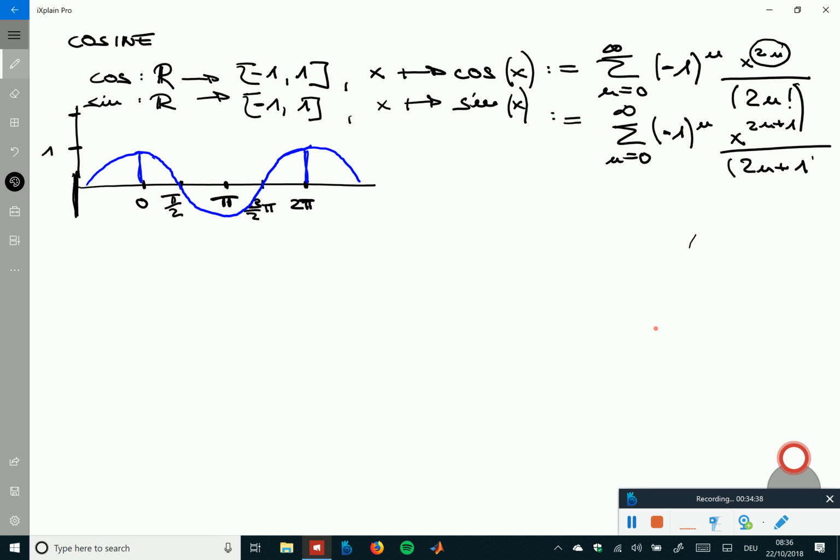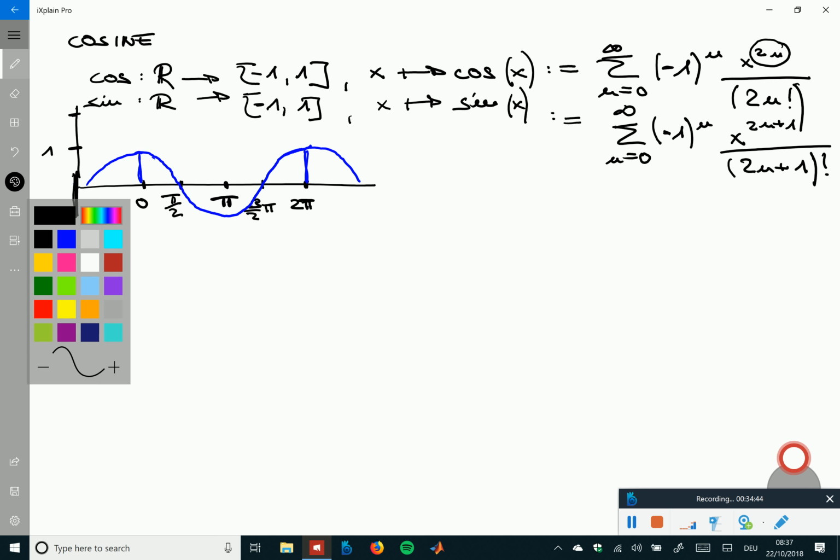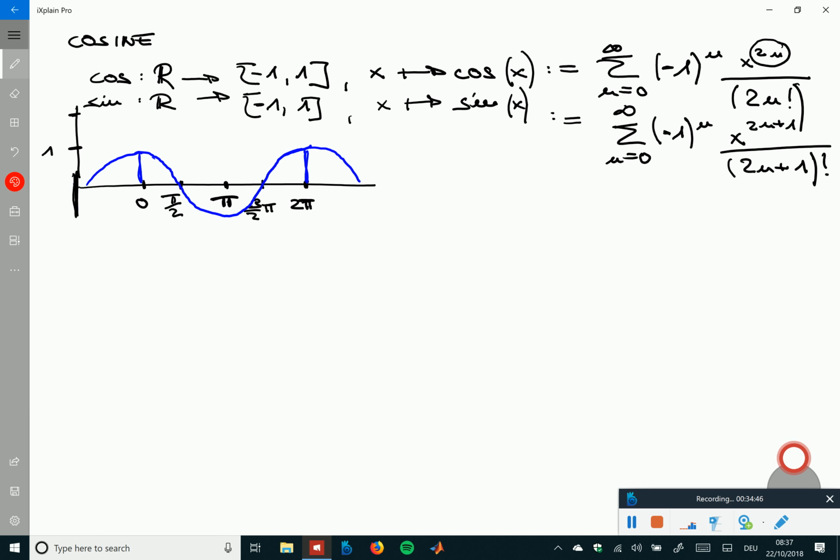And this is how then the series representation of the sine looks. And then, of course, you know that the sine and the cosine are essentially the same thing, but the sine starts at 0 and also then goes back to 0.